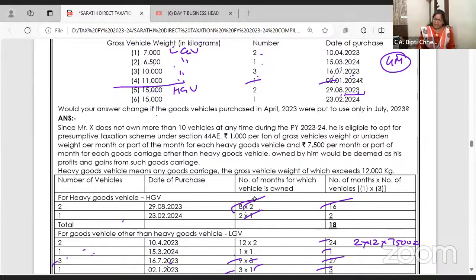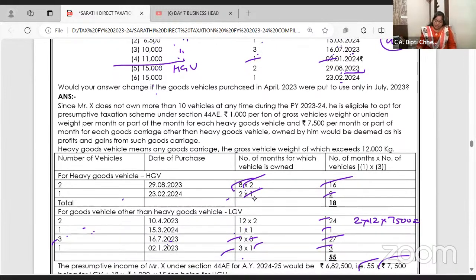This is 1 vehicle, February 23rd. So February and March, right? Okay. So these are 15,000 tons.